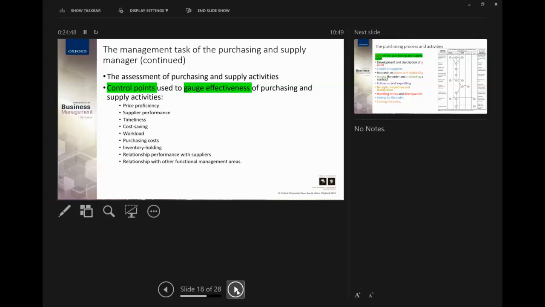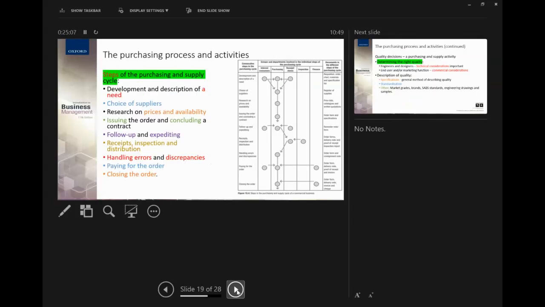Timeliness: how quickly do they get on with the job? Workload, cost saving, which is self-explanatory: are they managing the purchasing costs? Inventory holding: are they being effective with this? Those are the various things we would be looking at.